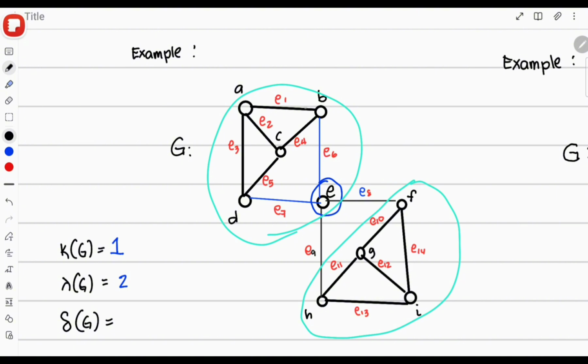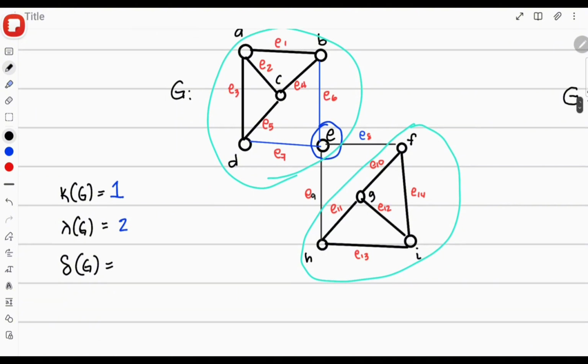B also has 3, C is also 3, and E is 4. Just the same, F to I are equal to 3. The largest degree is E, but we need to find the smallest degree, and it is 3.